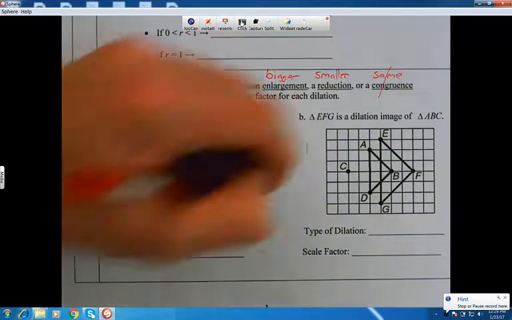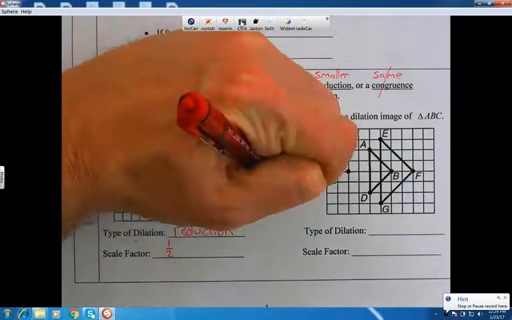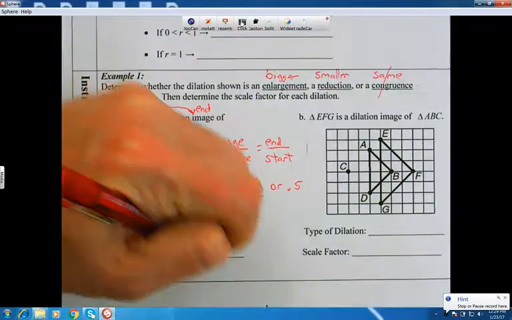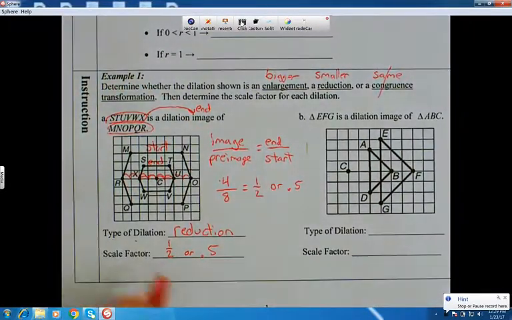It's half the size of the starting one. Or you might like to write that as a decimal, and you could say that the scale factor is 0.5. I think I like 1/2 better, but both are a good way of writing it. And that is how you do this. Good luck.